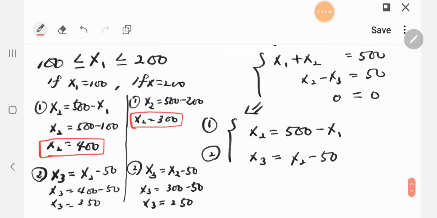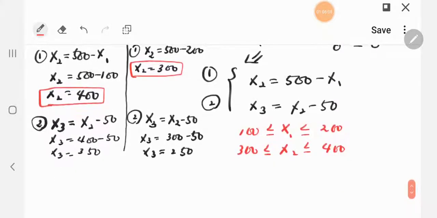So the range for x2 will be between 300 to 400. Since x1 is 100 to 200, x2 will be between 300 to 400.